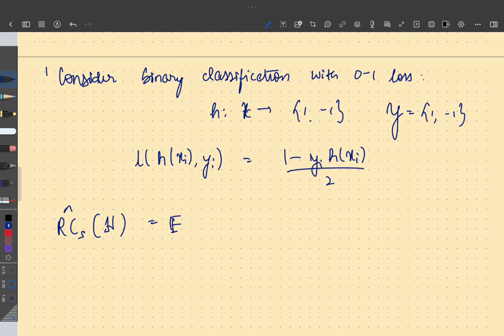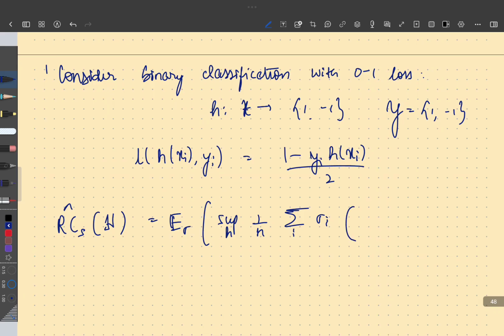This is equal to expectation over sigma of supremum over h of 1 by n sum over i of sigma i L of h of xi yi, which is nothing but (1 minus yi times h of xi) divided by 2.